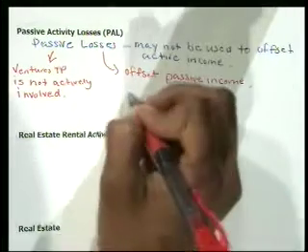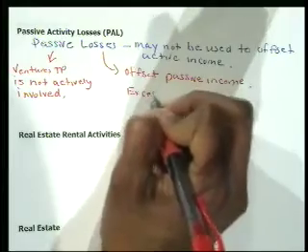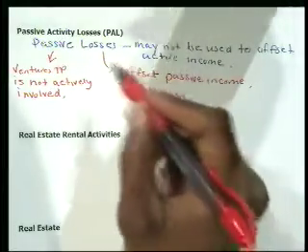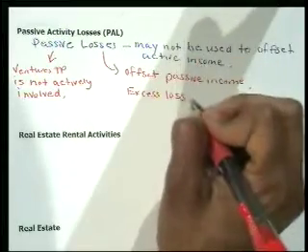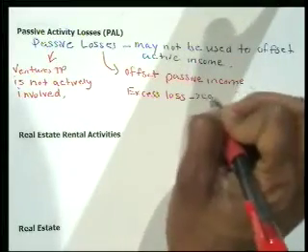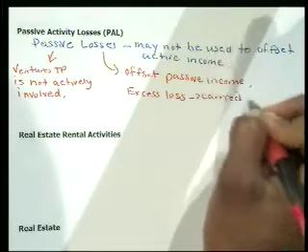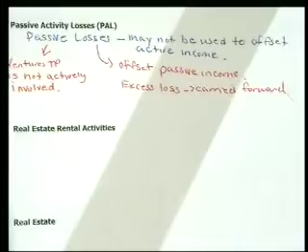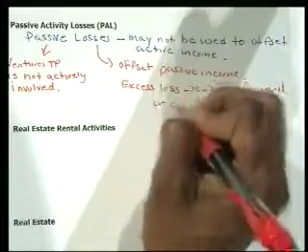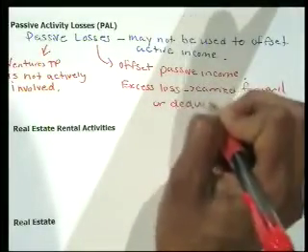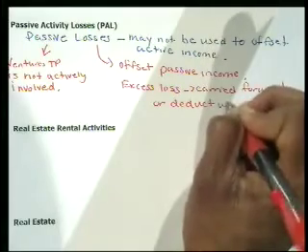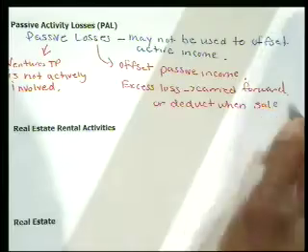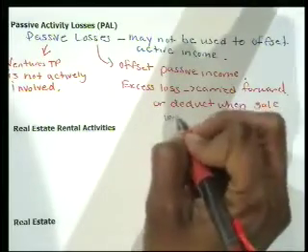Any excess losses, because I don't have enough income to take all my losses, are carried forward, or I can deduct them when I sell the investment, because maybe it never generates any income. So I would just hold on to those losses until I sell the investment.